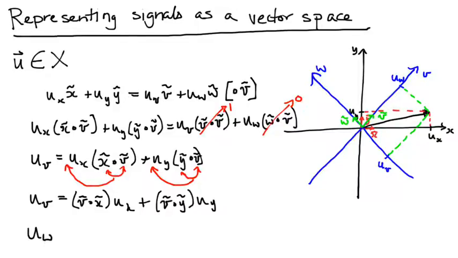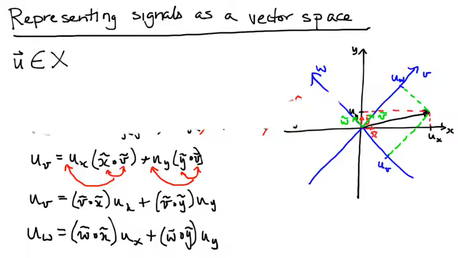U sub w, we can say, is equal to w dot x u sub x plus w dot y u sub y. Yeah, that looks really good. So let's erase this and see what we can actually get out of this.